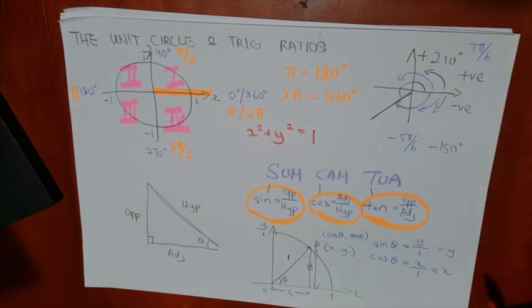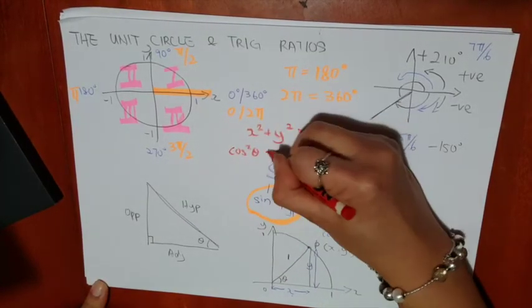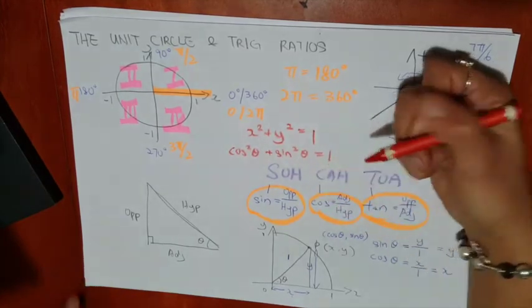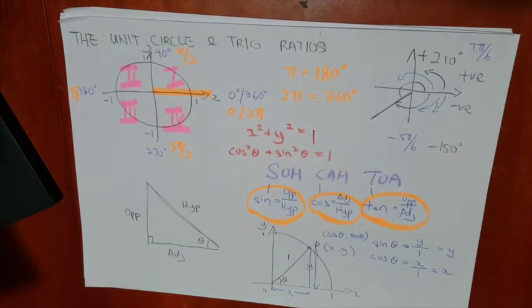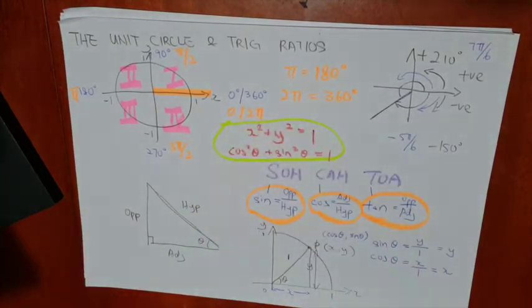And because x is actually my cos and y is actually my sine, I can also write this as cos squared theta plus sine squared theta equals 1. This is a very important equation to remember, because it will be very useful in the following questions.